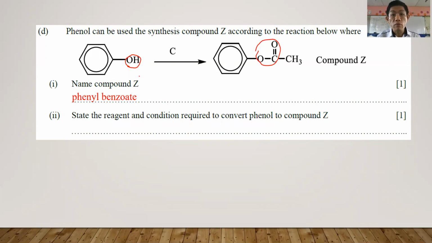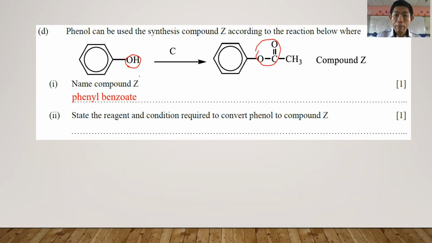State the reagent condition required to convert phenol to compound Z. So what is added to C? Now this is a very specific condition that you must be able to give in order to form an ester with phenol. For the case of carboxylic acid derivatives, you must specifically use only acyl chloride.